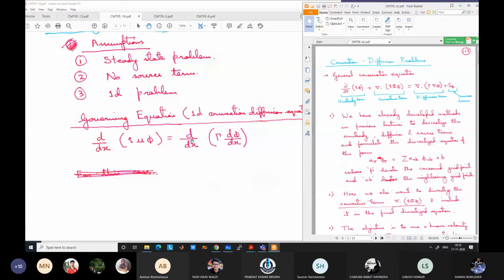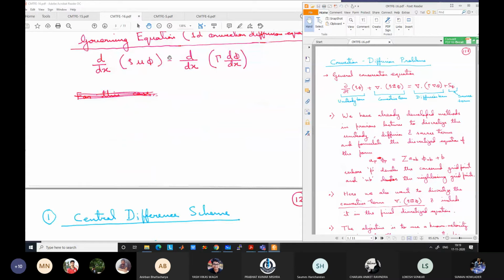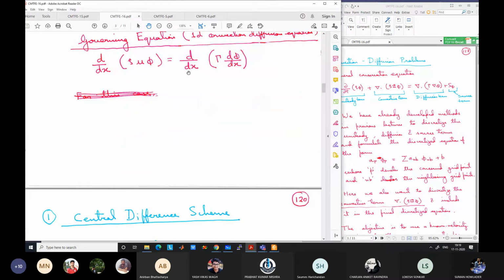This is equal to d dx of gamma d phi dx. So this is our governing equation, and using the finite volume method, we want to develop the discretized equation.